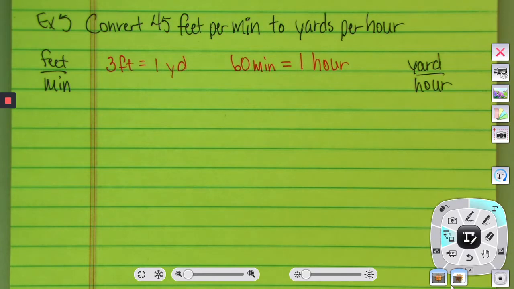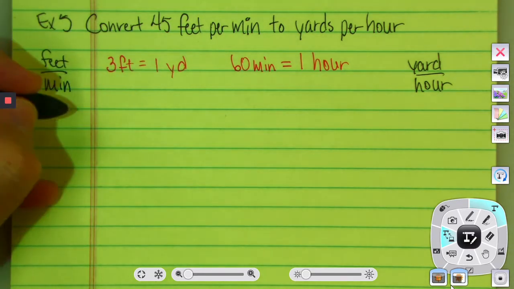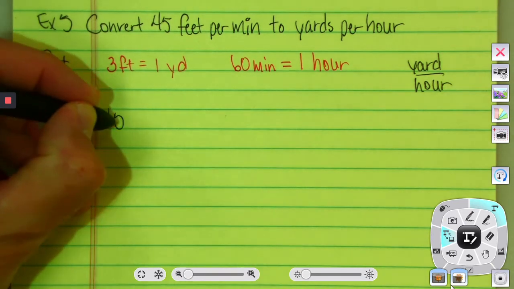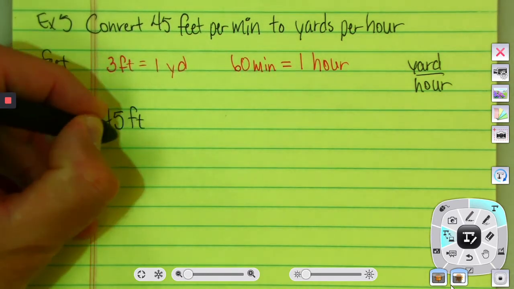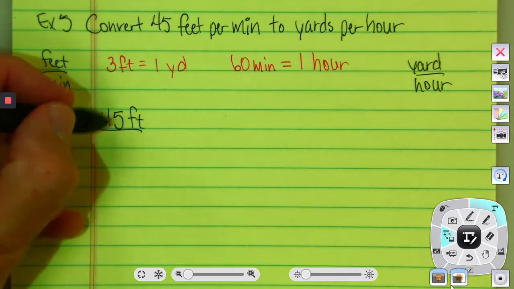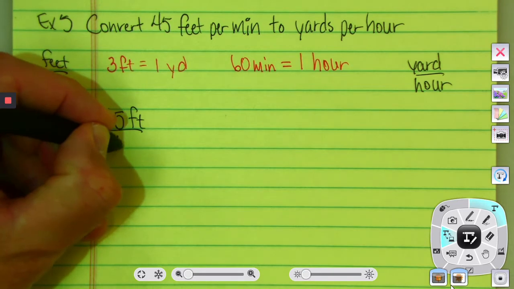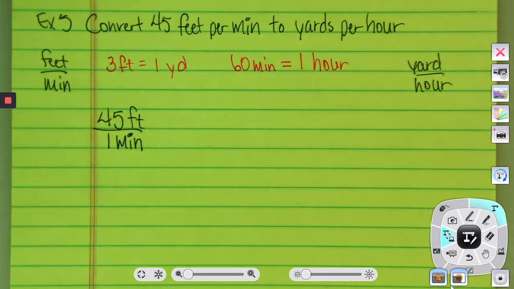And so, I'll write down the 45 feet. And I'm going to write it as a fraction as I did yesterday, but now instead of just over 1, it's 45 feet per 1 minute. So I need to use a conversion factor. Well, I think I want to handle the distance first, the feet.